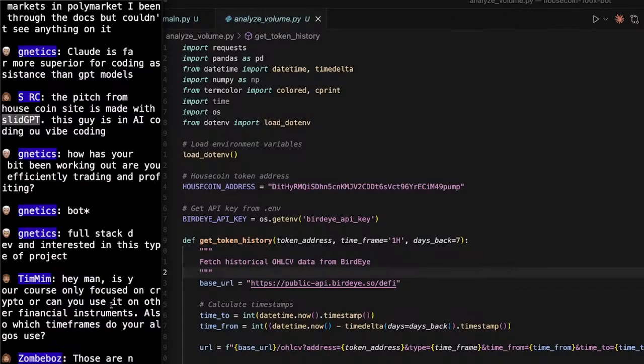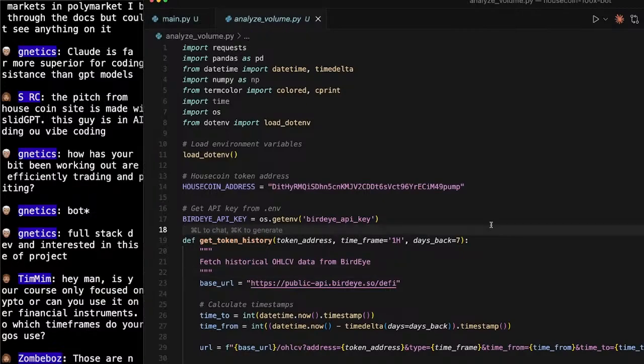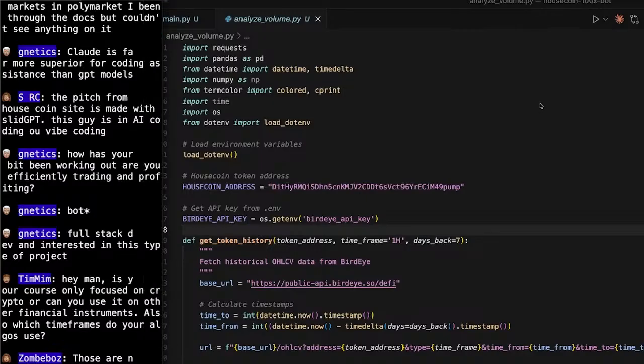Hey man, is your focus crypto or can you use other instruments? And also, which time frames do your algorithms use? The way I suggest people use it, not as a financial advisor, is on the daily, the 4-hour, as opposed to the 1 minute, 1 second, you know? So work your way down. The bot is one, yes, but you can use this on other markets.